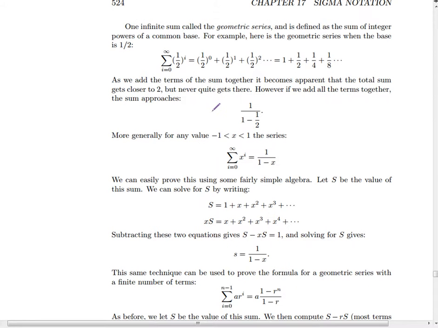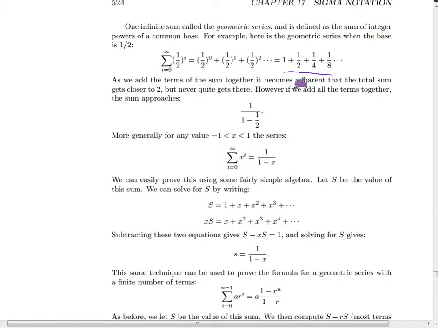Now let's consider some infinite sums that you may have seen before. Here is the geometric series, and you have the sum from i equals 0. Notice we're starting with 0, and we're going up to infinity, so we have 1/2 to the 0 plus 1/2 to the 1 plus 1/2 squared, and so on, which comes out to be this.